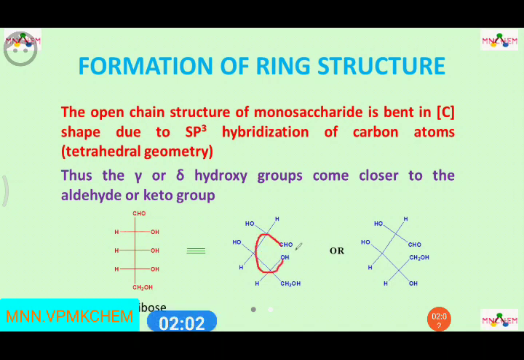This is a C shape structure. And what happened? Because of the formation of this C shape, this aldehyde group in the D-ribose comes closer to this hydroxy group. This is at the gamma carbon, or carbon number 4. So the hydroxy at carbon number 4 comes closer to this aldehyde. Or in the other, this is a C shape where this aldehyde group comes closer to the hydroxy group present at carbon number 5.